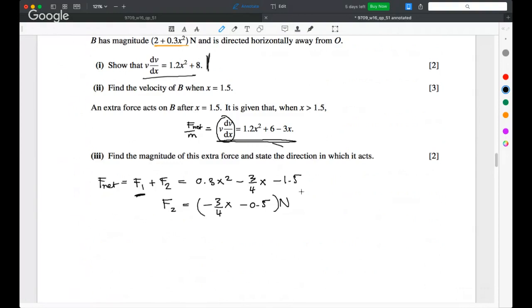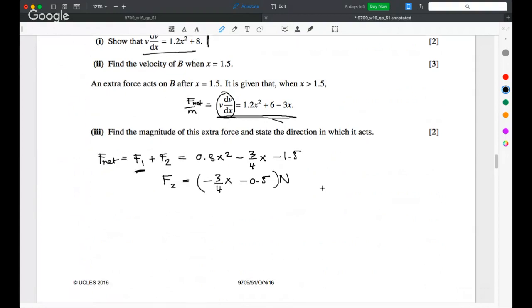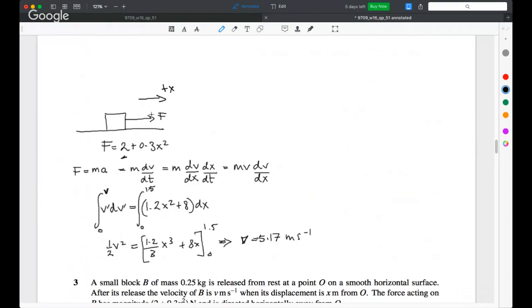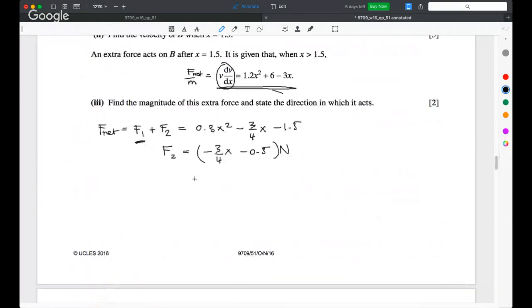Well, we implicitly defined our positive x direction as along that way. Like this is plus x. So forces, when they were positive, meant they were acting in that direction. Acceleration was positive in that direction. Velocity was positive in that direction, and so on. So if it's negative, all that means is acting in the opposite direction.